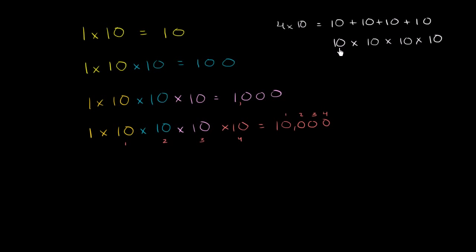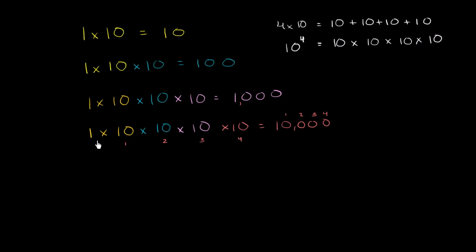There is, and it's called an exponent. The same way if you take 4 tens and add them up, that's the same thing as 4 times 10. If you take 4 tens and take their product, this is the same thing as 10 to the 4th power. 10 to the 4th power literally means taking 4 tens and multiplying them together.